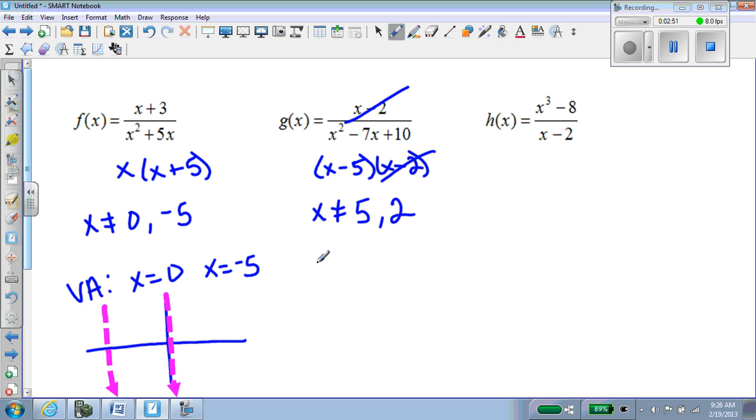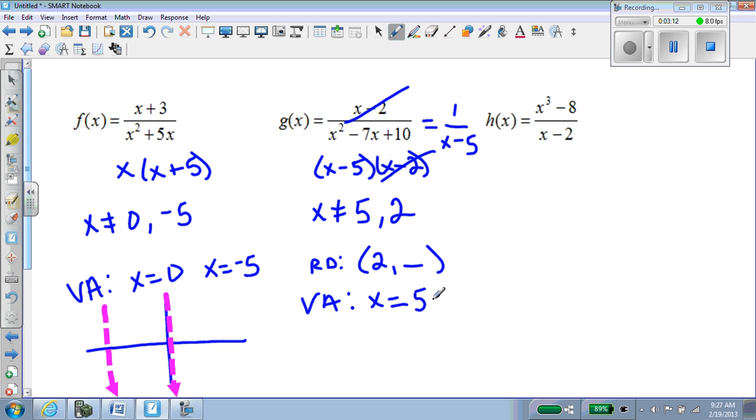So what that means is we have a removable discontinuity, a hole at 2 comma something. The x minus 5 stays, right? This becomes 1 over x minus 5. So the 5 is a vertical asymptote.